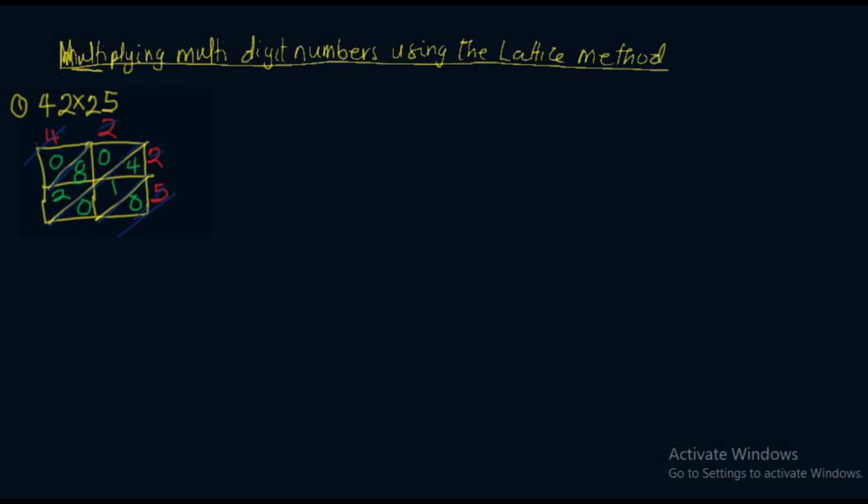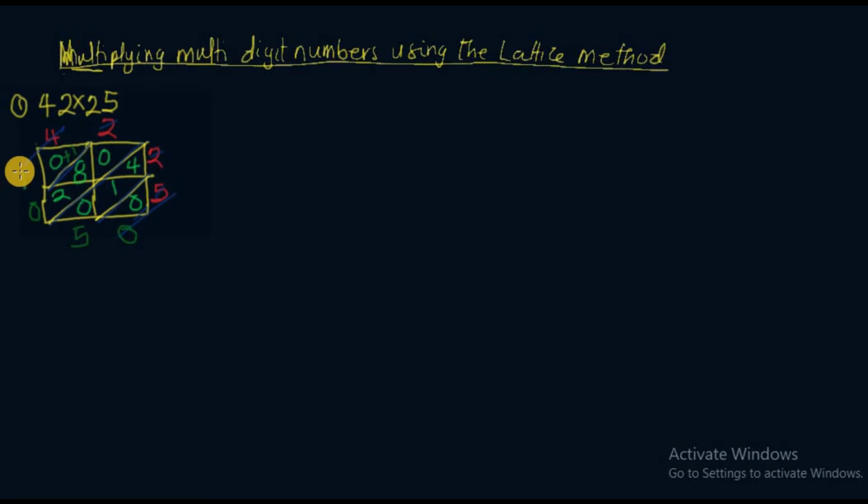So we have 0 here. This diagonal, 4 plus 1 plus 0 gives us 5. 8 plus 2 gives us 10. Put the ones place and send the tens place. You don't put two values at the same place, so you put the ones in the diagonal and send the tens place to the other diagonal, so that's plus 1.